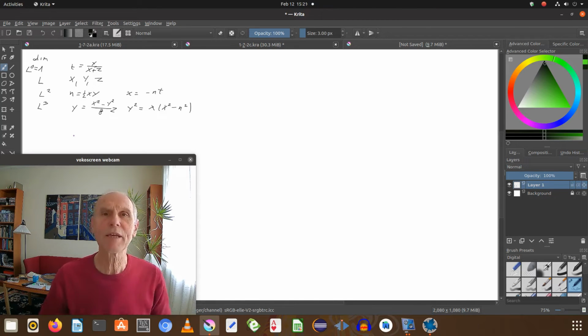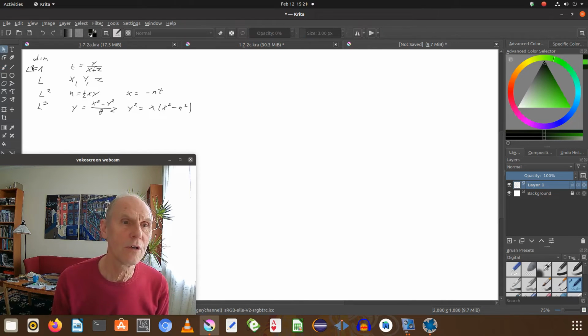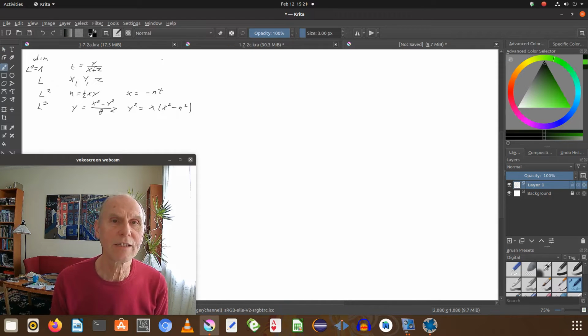Now, while I was making coffee, I thought about this, and I got an idea that it was because of an underlying symmetry. If we look at this, then x, y, z, they are distances in a plane, and they may be scaled by choosing another unit of measuring length.